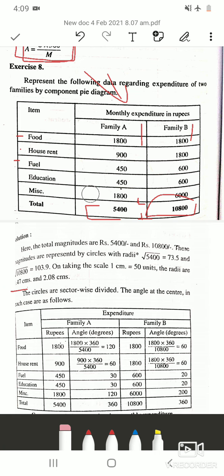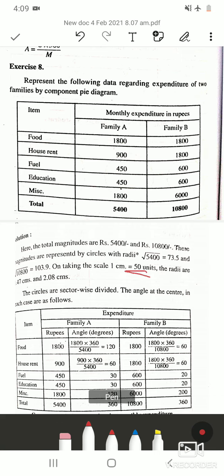So you have to plot circles using a compass of radius 1.47 centimeters for family A and 2.08 centimeters for family B. If you want, you can change this. You can take 1 centimeter equal to 20 units or 100 units or 150 units, anything of your choice. So if it was 1 centimeter equal to 20 units, then the radius for family A will be 73.5 divided by 20, which is 3.675.